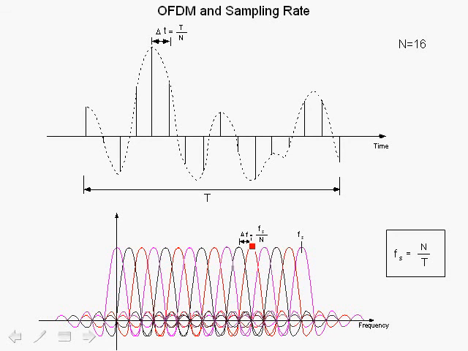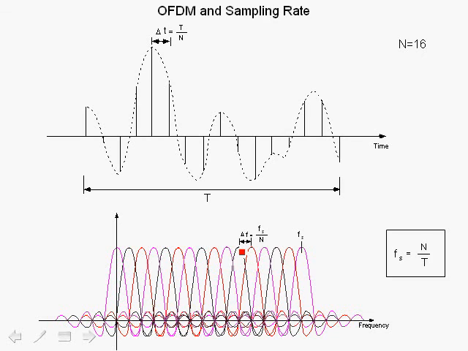The carrier spacing, of course, is equal to the sampling rate divided by the number of points in the DFT, which is N. It turns out that if we divide fs by N, we get 1 over T, which is the inter-carrier spacing, or the spacing between the subcarriers, which is what we expected, 1 over T, the time interval.